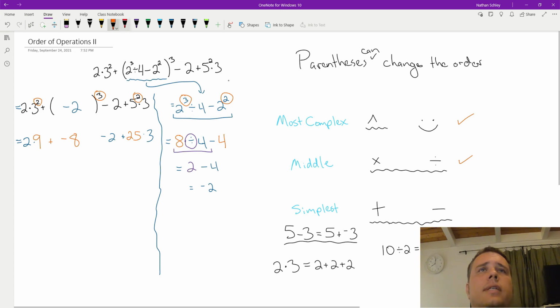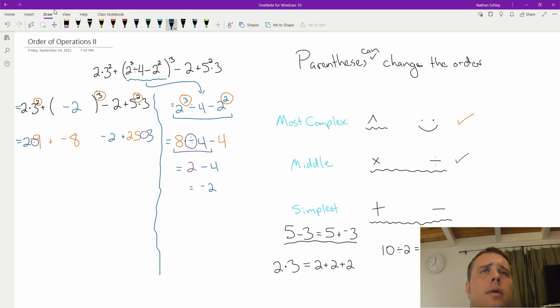The middle level is, actually I'm going to do purple again so I can contrast the colors a little bit. So the middle level was multiplication and division. I see a multiplication here and a multiplication here, no division, so I think we're set.